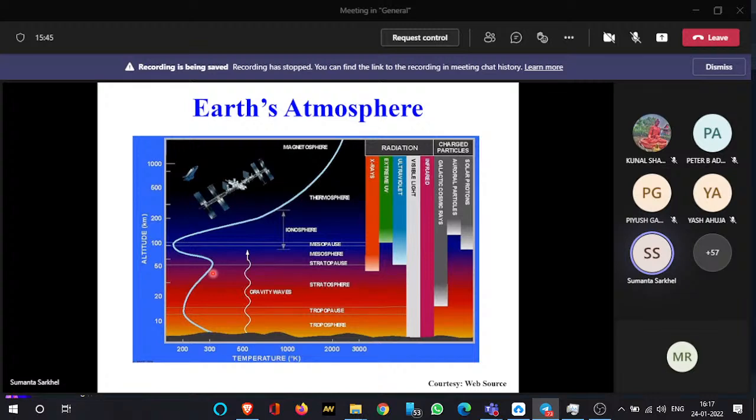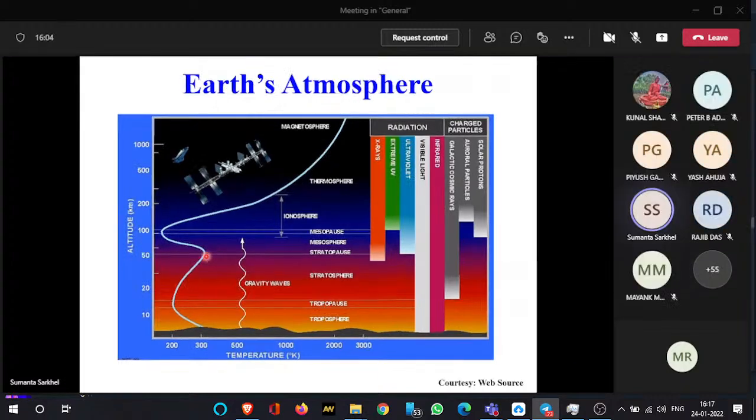In the stratosphere, there is a presence of ozone molecules, and because of these ozone molecules, ozone can absorb UV radiation. Although it is not drawn properly, it should come a little bit down actually.